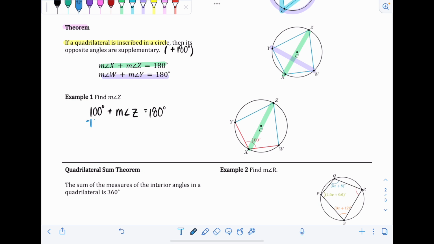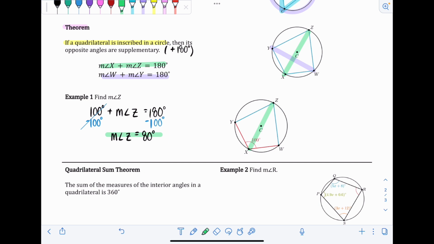So we'll subtract 100 from both sides. 100 degrees minus 100 degrees cancels out, and then I bring down the measure of angle Z equals 180 degrees minus 100 degrees, so it leaves us with 80 degrees. So the measure of angle Z equals 80 degrees.